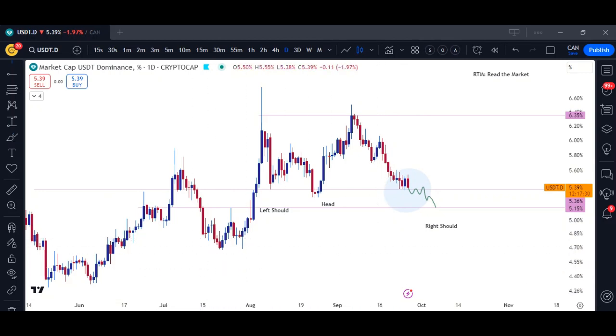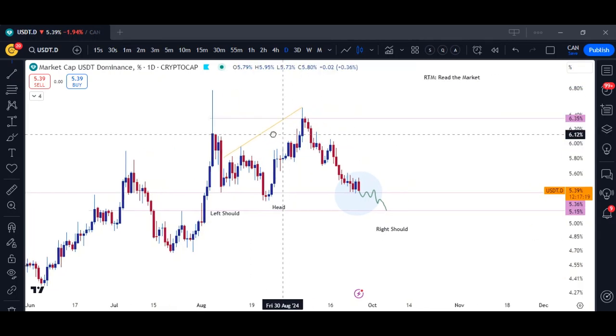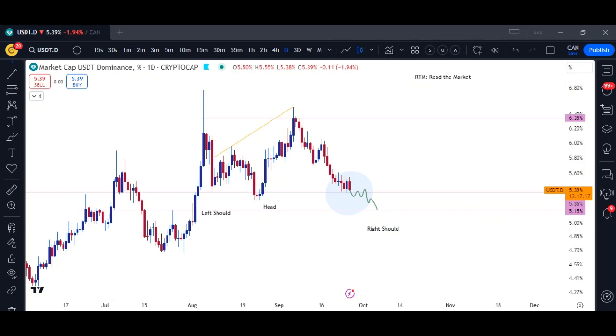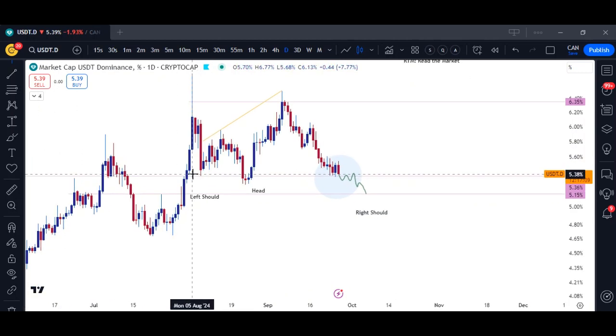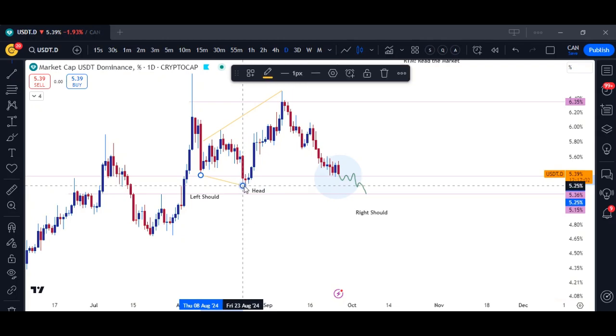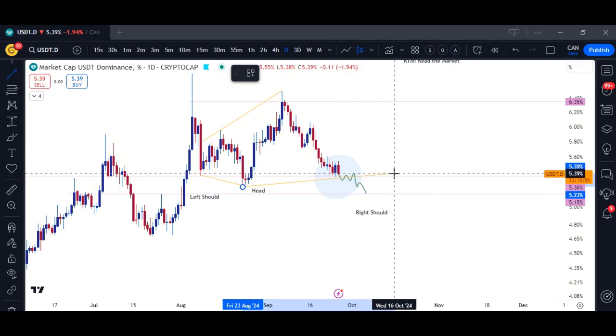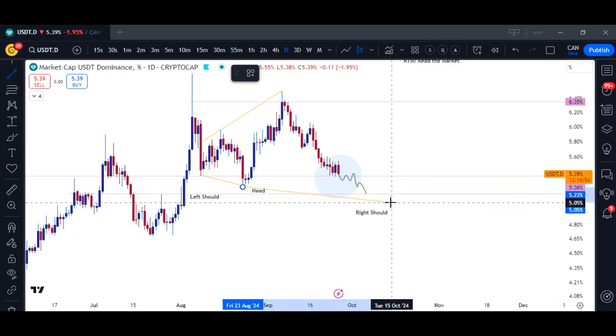How does a diamond pattern work? Well, we could say that, okay, this is like this, and then we have something like, let's see, we can say this zone again, and it could come all the way down to here.